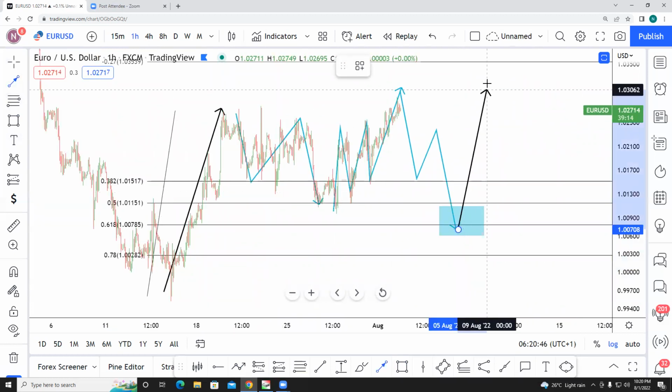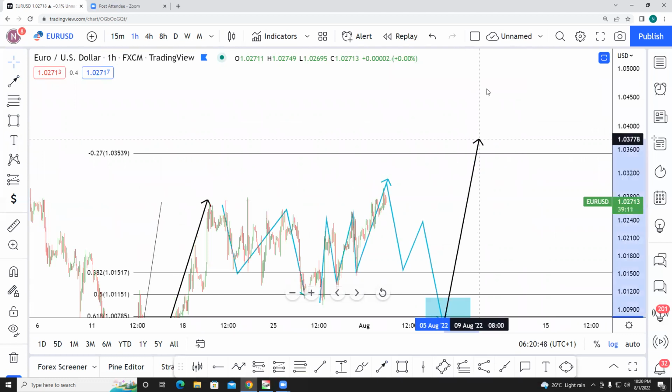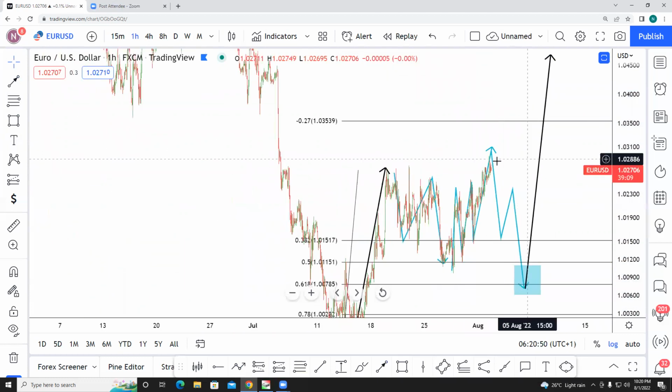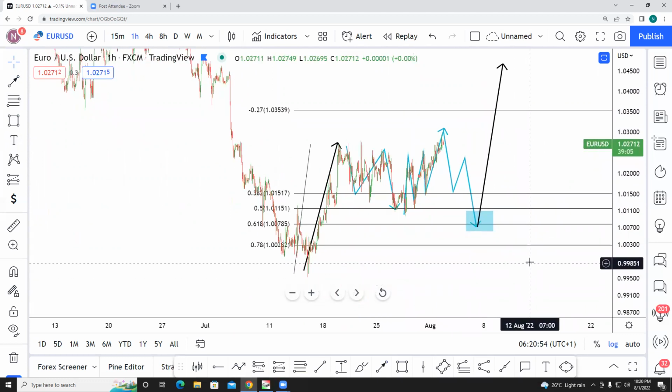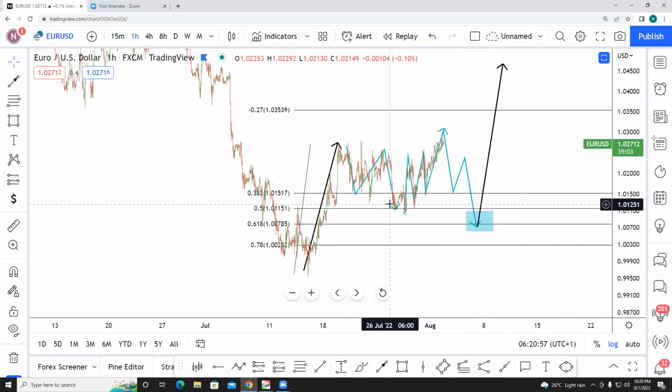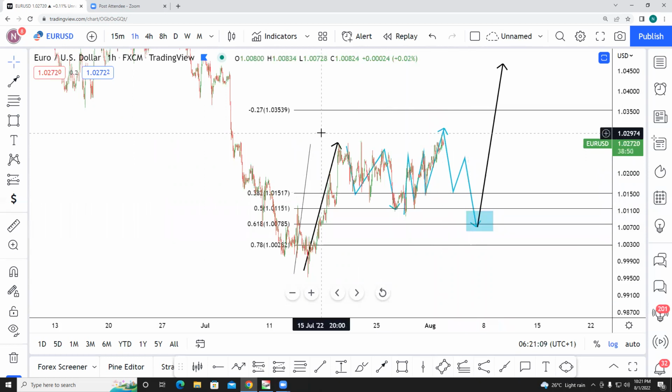That is what I want to see in Euro dollar. So any sell move here, I'm not going to trust it to be a big sell to the downside, because you can see the wave in the middle is very corrective. It suggests to me that it's correcting these first 3 waves here. So if we have a 3-wave push down, guys, that may be the trade to the upside.